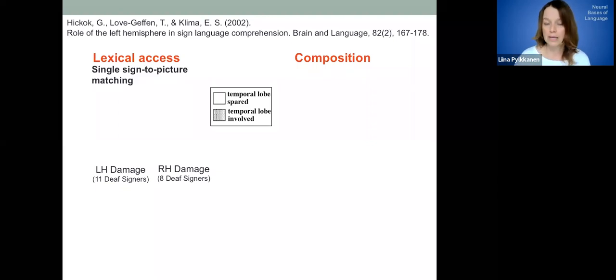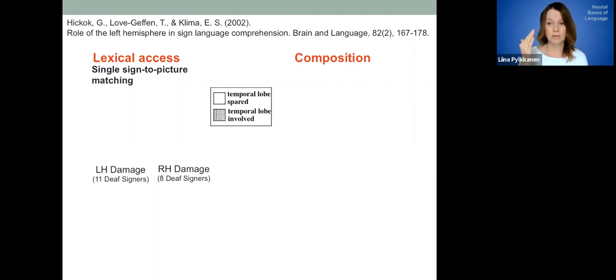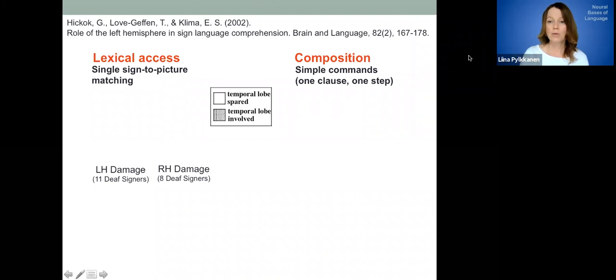We're going to be looking at 3 tasks. One is a simple lexical access level task where you're matching single signs to pictures, so it's a comprehension task. Then we have a basic combinatory task: you get a very simple command and then you have to execute that, just one clause, one step.